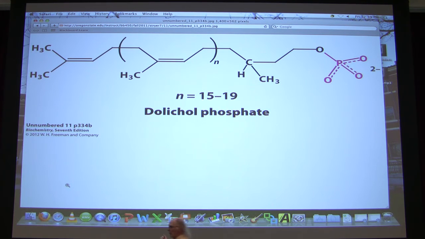When the cell starts making that carbohydrate forked thing that's going to be on the glycoprotein, this phosphate part is sticking out of the endoplasmic reticulum. It's facing the cytoplasm side. So here's this hand sticking out. It's on this hand sticking out that this initial portion of the glycoprotein is put on.